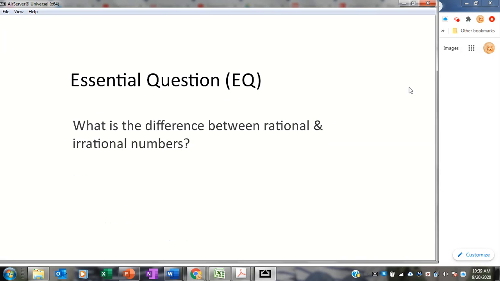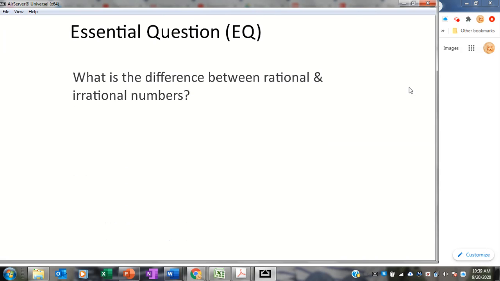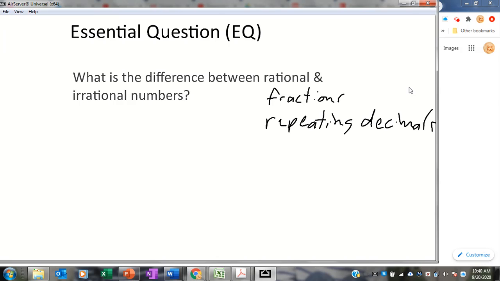The last thing to discuss is what is the difference between a rational and an irrational number. So rational numbers can be fractions. They can be repeating decimals, and they can be terminating decimals.